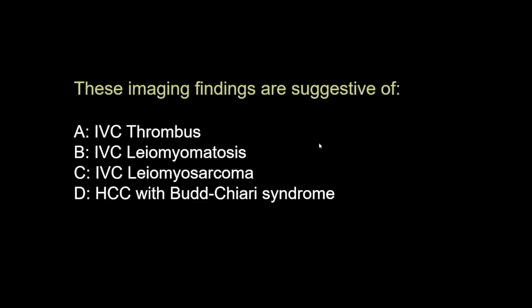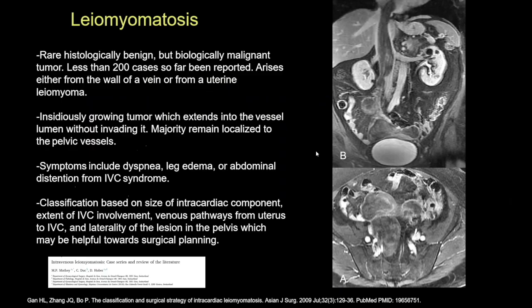But the key thing is to look for leiomyomas in the pelvis and look if we could identify something going through the enlargement of the pelvic veins. Again, these are all things that you would see more in retrospect rather than upfront. This was a classic example of leiomyomatosis. Very few cases have been described.